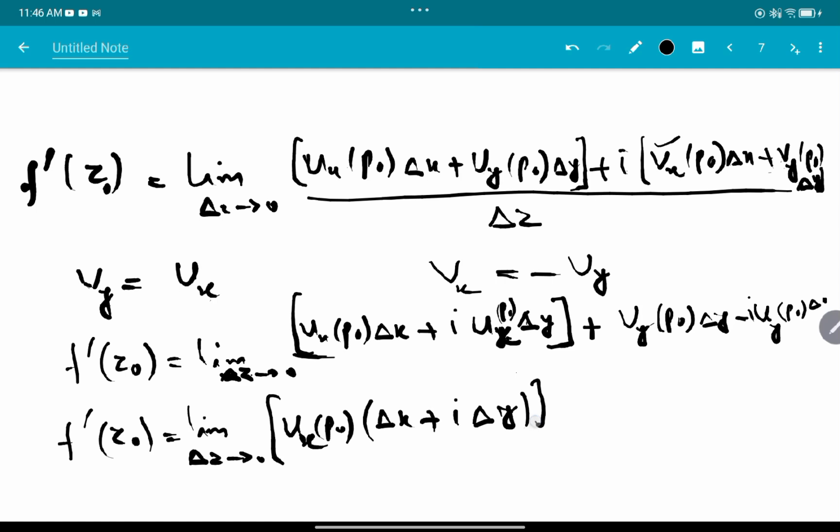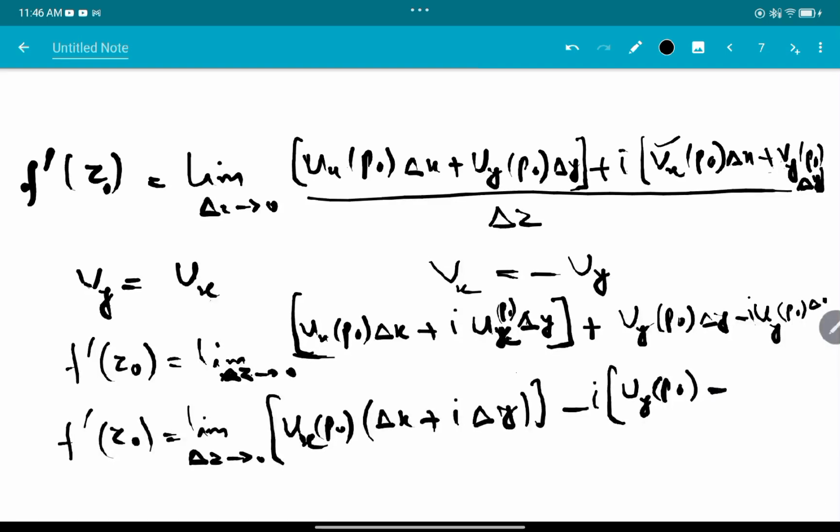I will multiply it by minus i. When I multiply these two terms by minus i, the first term becomes uy, and then minus i uy.